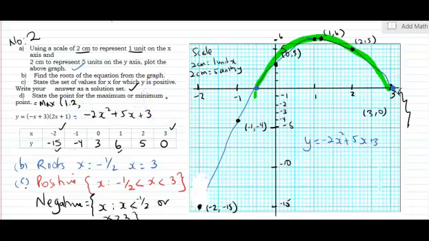And yeah, probably like a 6 or so. Yeah, so I will just stick in 6 here, and then this is the coordinate, the point for the maximum or minimum, and something like this you'll get full marks for.